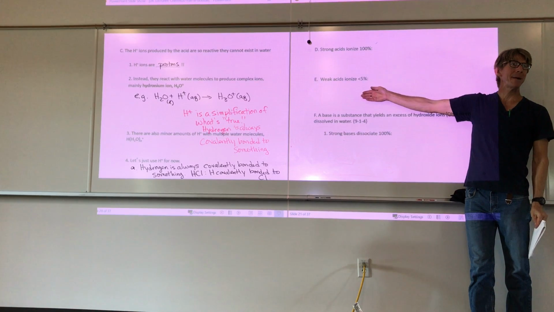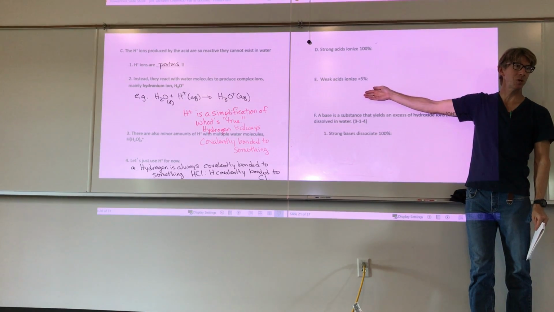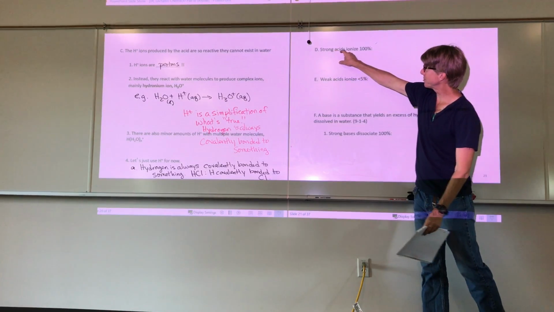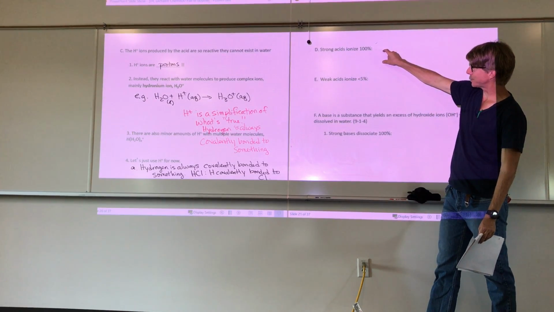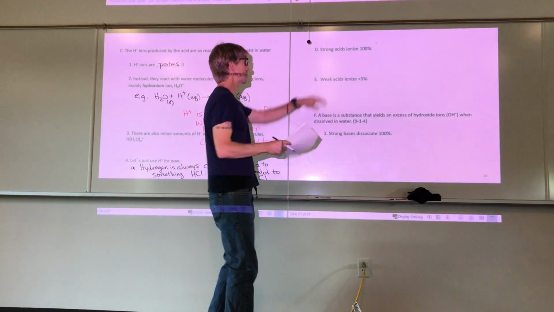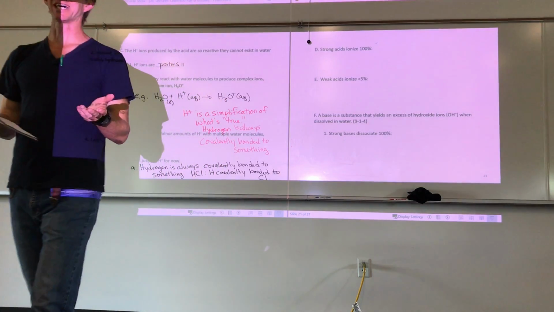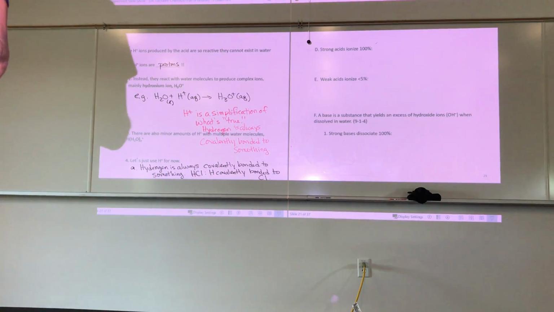If you remember, I mentioned the fact that the more often you see something, the more important it is, the more likely it's going to be on your exam. I could write HCl goes to H plus Cl minus. I'm going to do it because that's just how important it is. Actually, I'm going to pick another strong acid. Does anybody have a favorite strong acid besides HCl? Nitric acid.